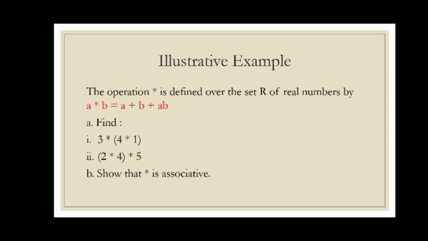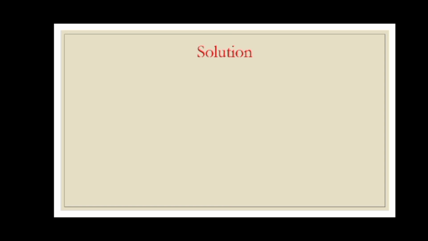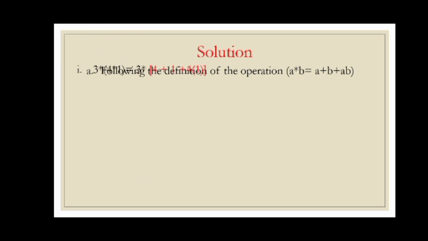Okay, so let's dive in. Let's start with the first one. Following the definition given in the question, A star B is equal to A plus B plus AB. We have 3 star into bracket 4 star 1.